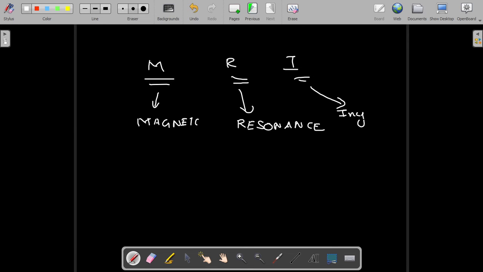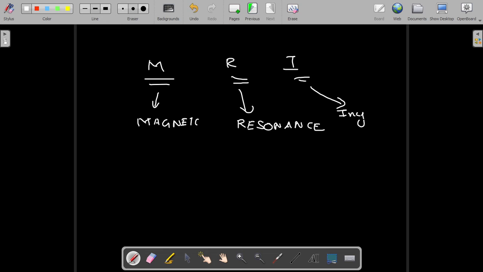The basic idea of imaging is to picture what is happening inside the body. It is not that we just cut open and see what is inside. Rather, by using some phenomenon or interaction, we see what is happening inside the body. That's the basic idea of medical imaging.